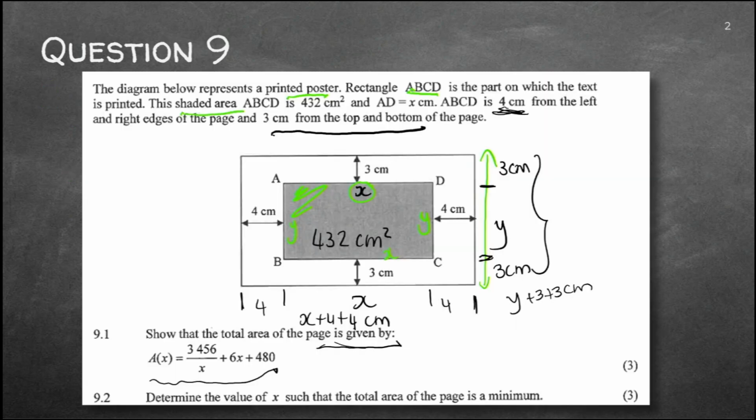The shaded area of the smaller rectangle is 432 squared centimeters. So what does that mean? Well, let's have a look.